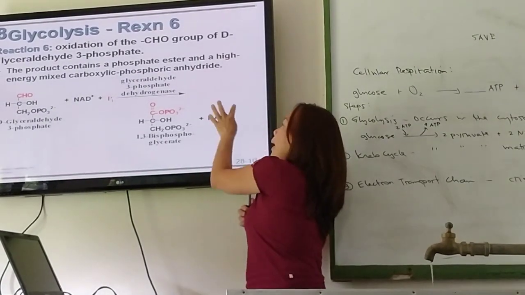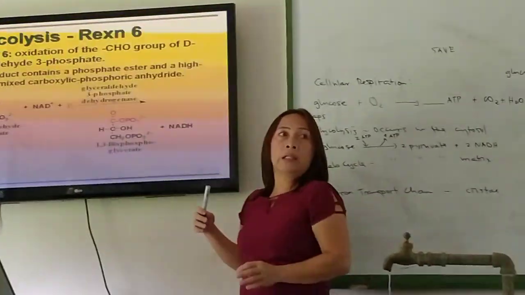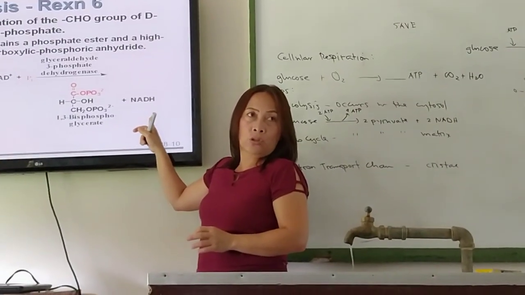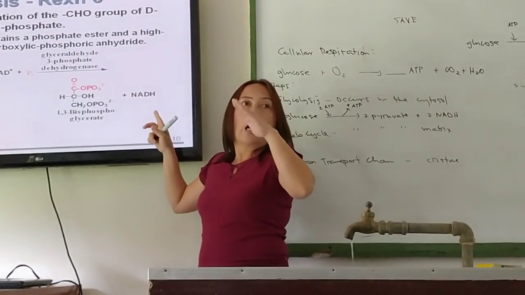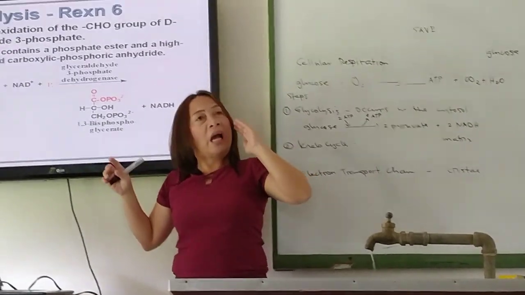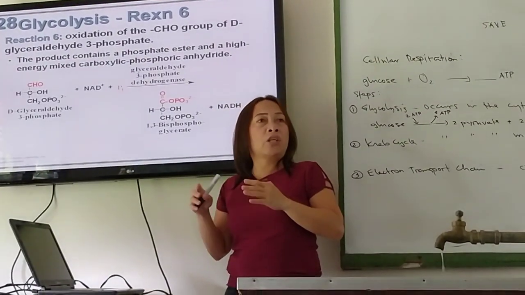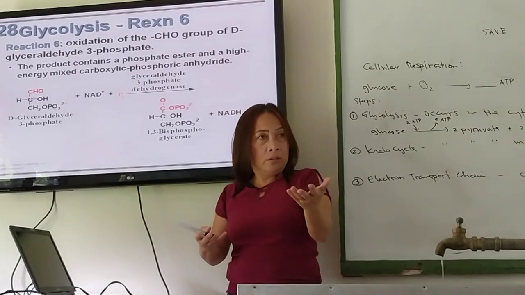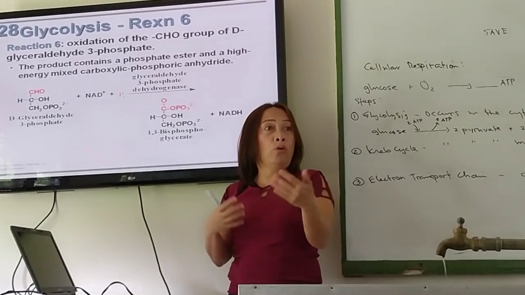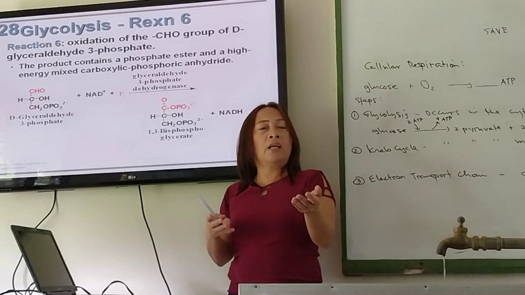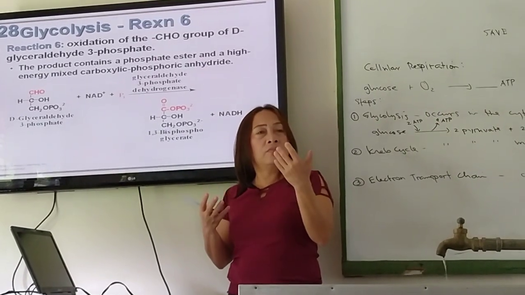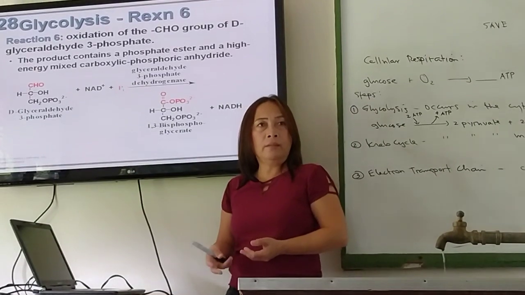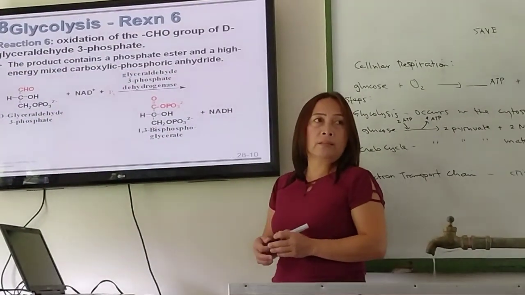Now, this NADH, remember, is a potential energy source. It cannot just be thrown away. It is like the sapal, the pulp of the coconut, which you can still make cookies out of.